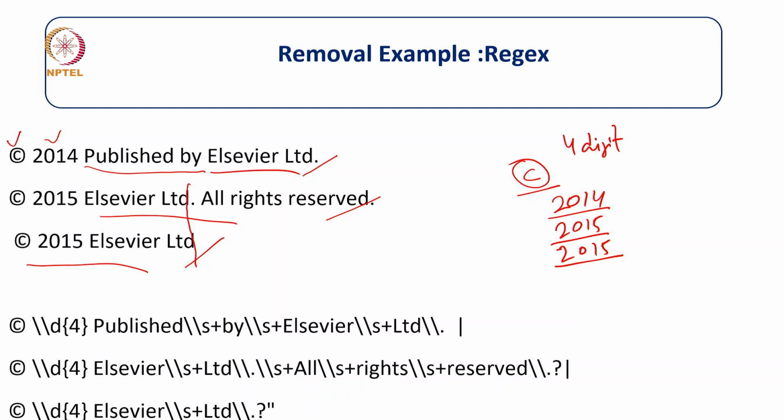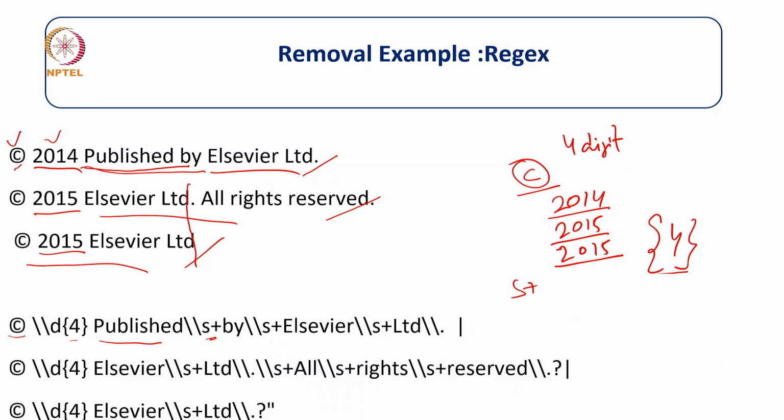So what I am saying here is that this is C, so it is matched to this one. Then I am saying digit 4; we have already discussed what exactly this is. This shows 4 digits, whatever the occurrence of 4 digits. Then I am saying "Published", so it matched to Published also. Then this small \s+, what exactly is it saying?